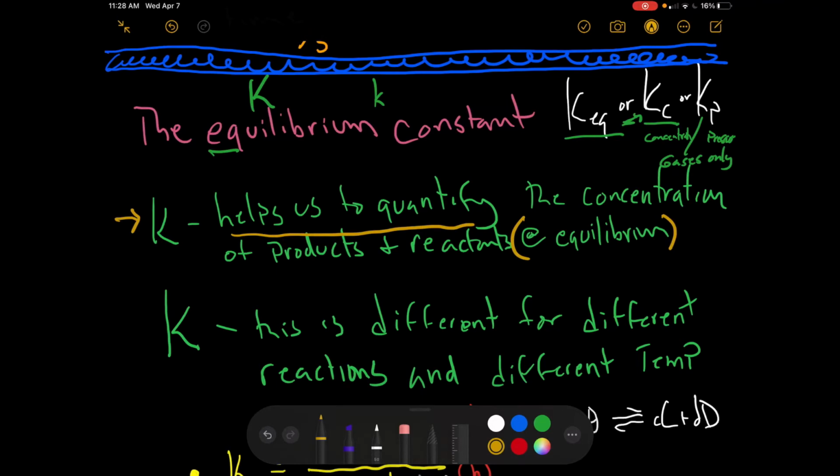But for right now, you need to know that the Keq or the Kc is helping us to quantify mathematically how much of a solute is in a solvent at the point of equilibrium in that reaction. So what you're looking for here is this understanding: K helps us to quantify concentration values at equilibrium of the products and the reactants.